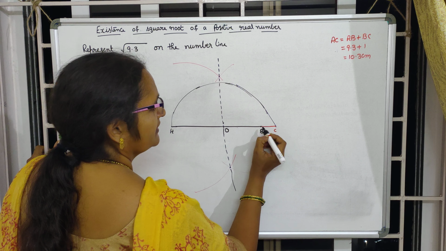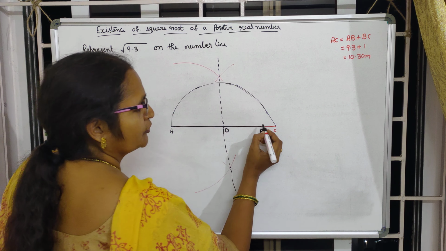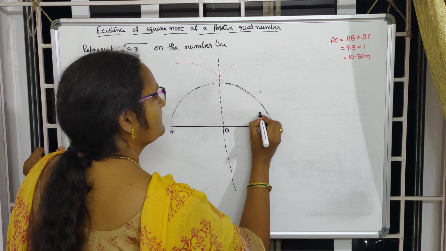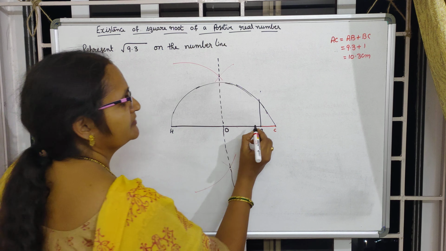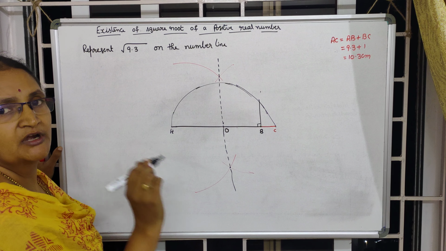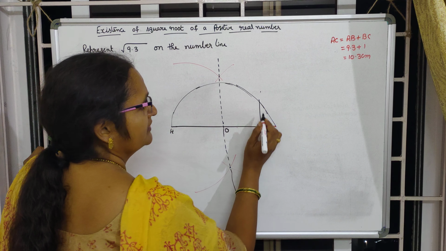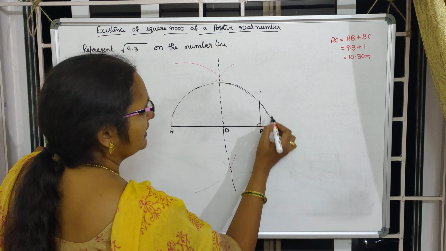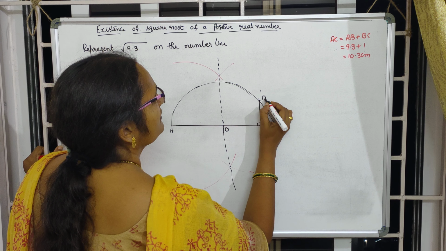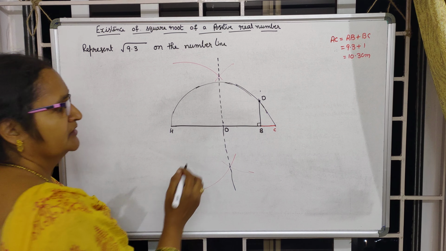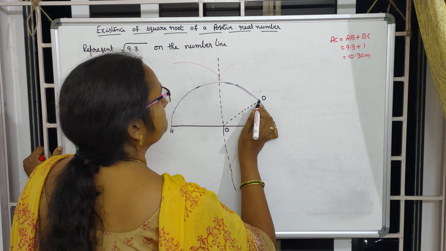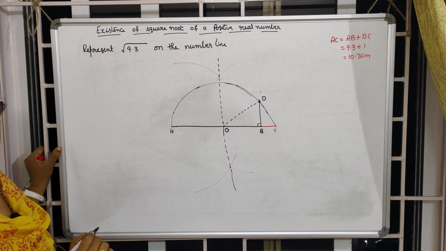Now at the point B, using the protractor, I am going to draw a perpendicular line. Using the protractor, you mark 90 degrees and you will get a perpendicular line at point B. This perpendicular line touches the semicircle at the point D. Now join O and D. Clear now?